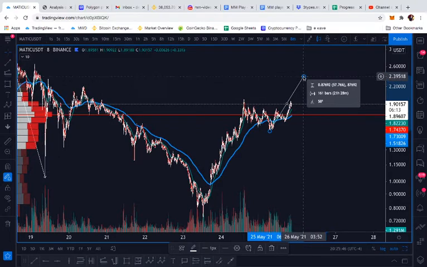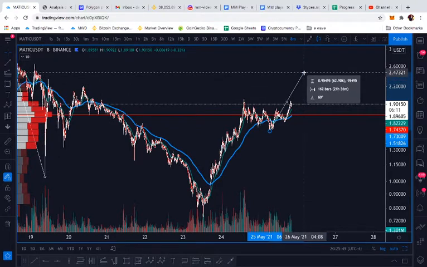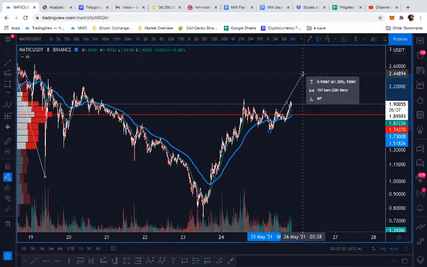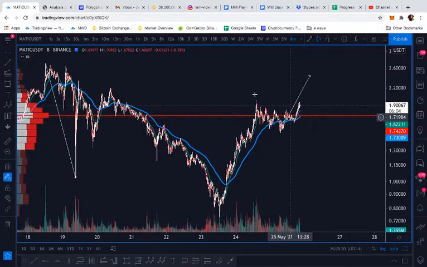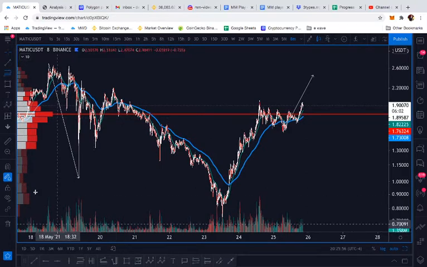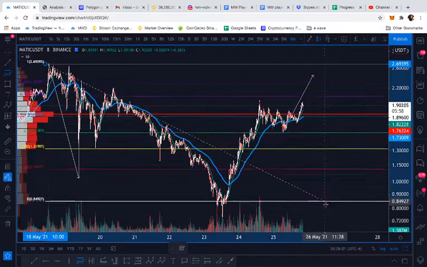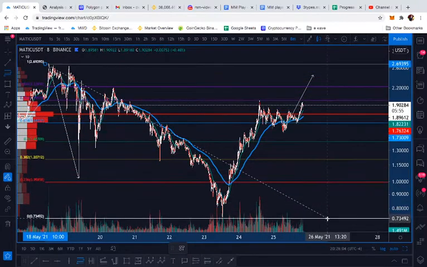Something like that. And let's see if that actually follows up with the B wave. It would be a little bit higher.